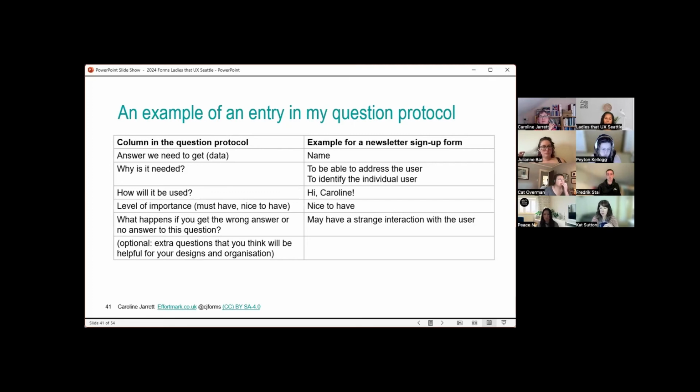And if you don't get the right answer, then perhaps the worst consequence of sending out a newsletter might be a bit of a strange interaction. And I'd like to give a shout out to the website that I won't name that insists that the name as stated on my credit card is a better choice of name than the one I believe is my name.